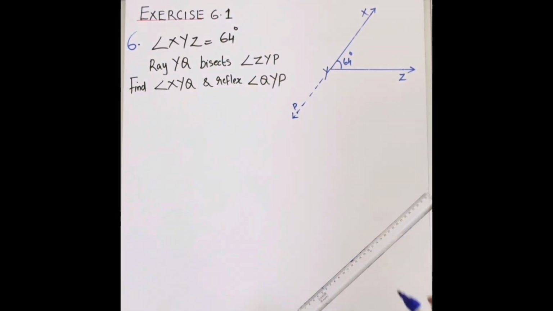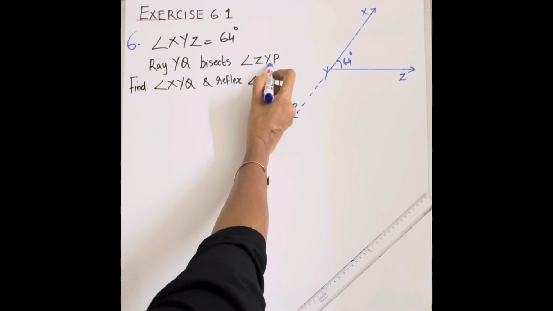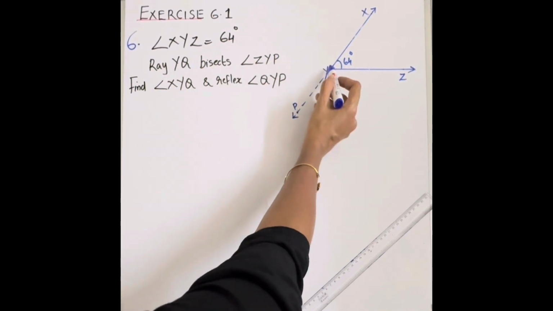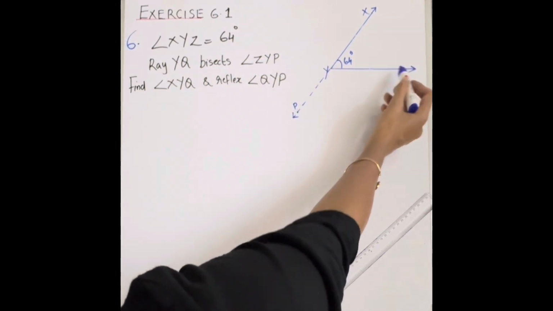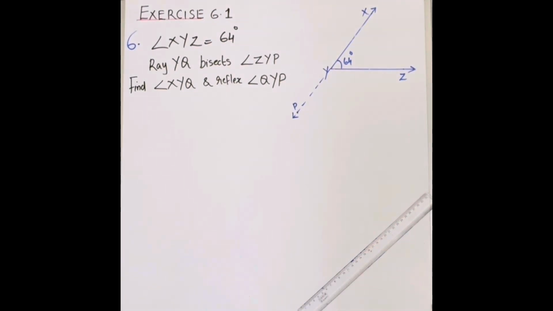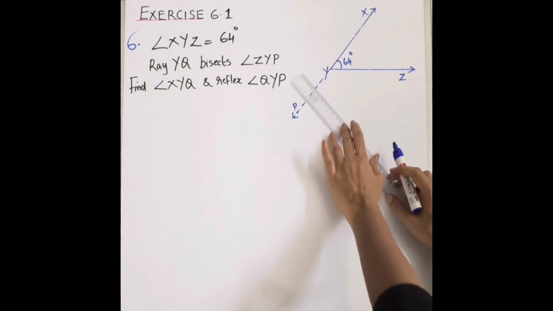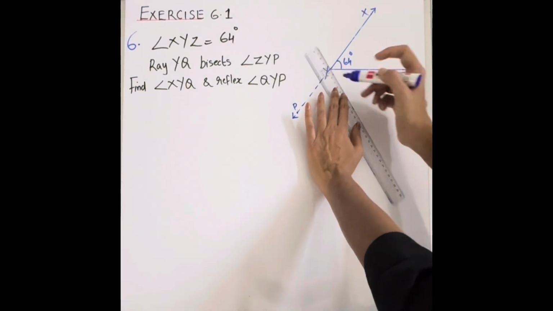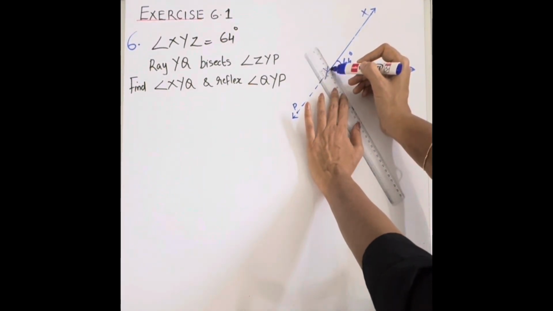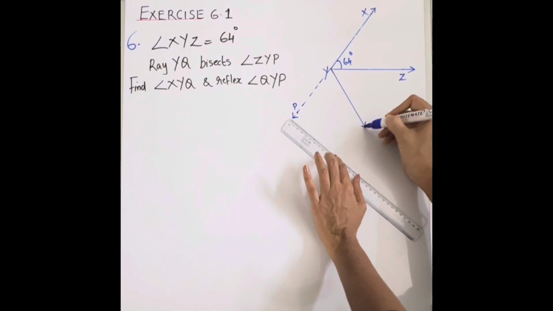And then it's given ray YQ bisects angle ZYP. So we have this angle ZYP. You see that it's been written that ray YQ bisects. So what does bisect mean? The angles formed will be equal, or half of this angle. So we will have ray YQ.